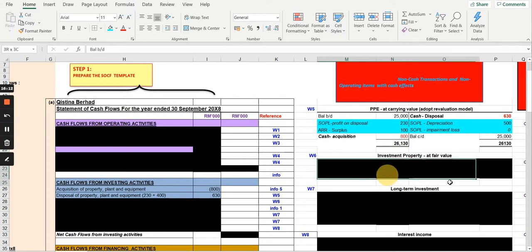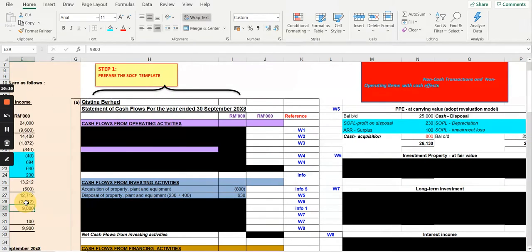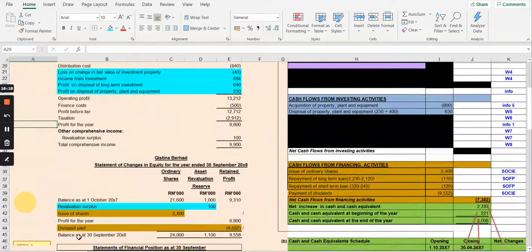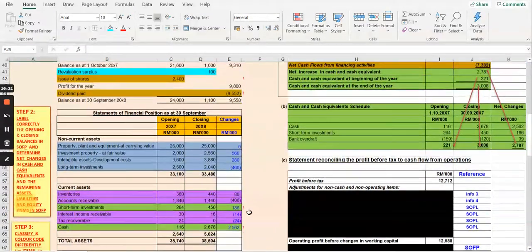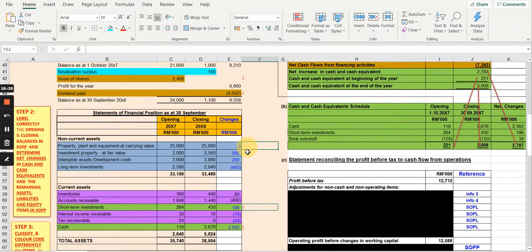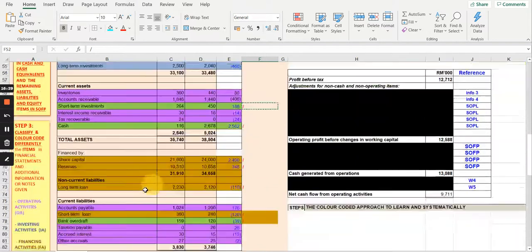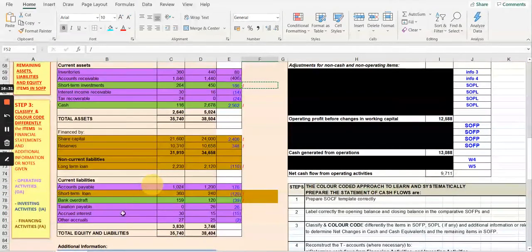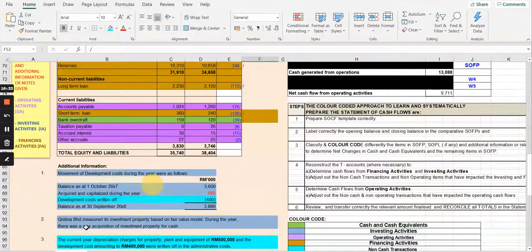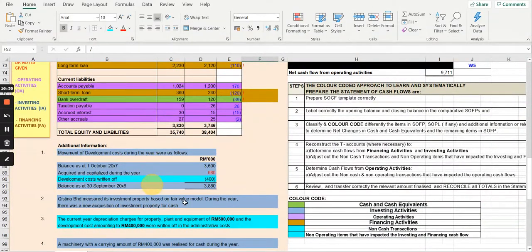Now we are going to reconstruct the investment property account. If you check the information given, we are done with that. So we're going to put a tick here, copy here, and put a tick for both because we're also going to check the investment property. If you check, you are informed they use the fair value model.